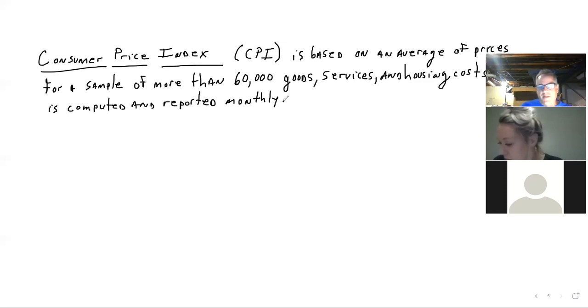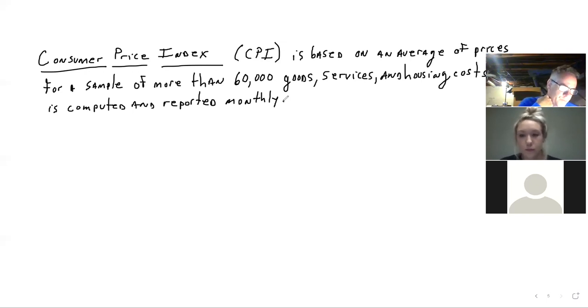So, I mean, there's a lot to it. Incidentally, if you would go to school and become an economist, you're going to take a lot of math. They are tied hand in hand. The government agency that comes up with this is called the U.S. Bureau of Labor Statistics.